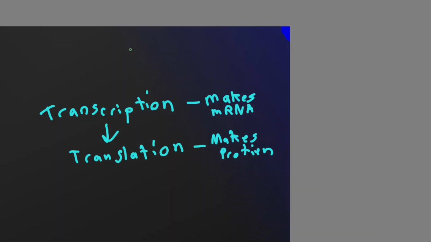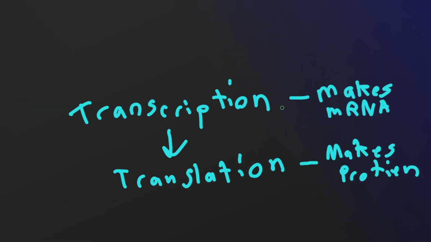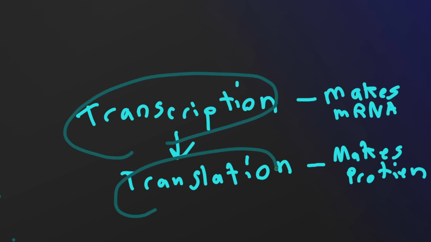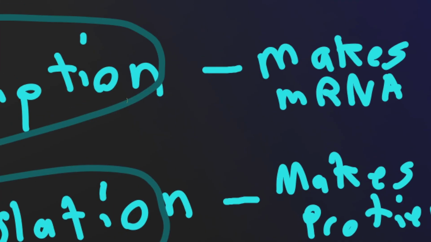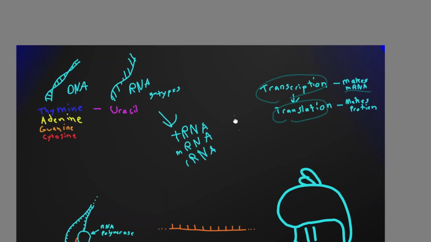Alright, so for protein synthesis, there are 2 processes. We have transcription and translation, okay? Transcription makes RNA, while translation makes the proteins from the RNA, from the messenger RNA.